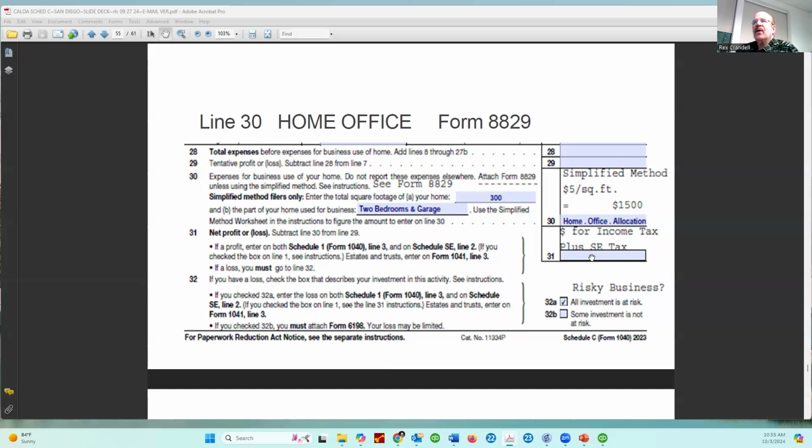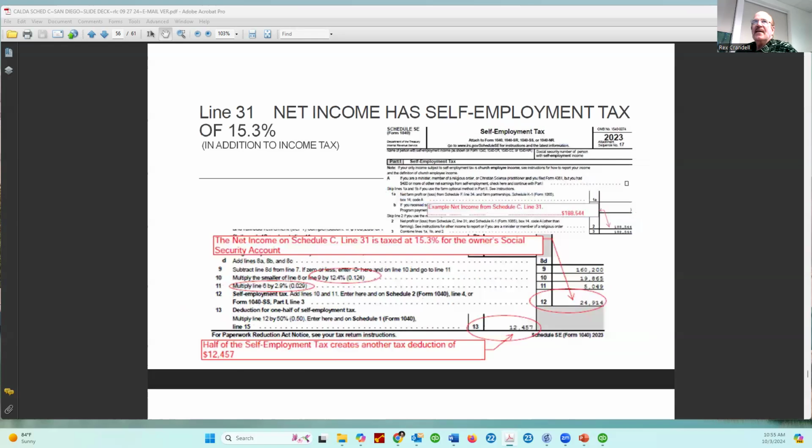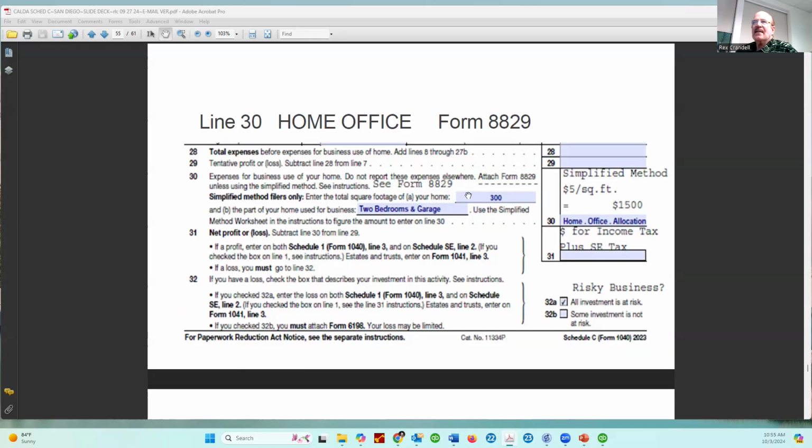And then after you write off the home office, ta-da, we get to the net profit or loss from the business. Wow, we finally got there. Now, when you get to the net income on line 31, you go two directions with that number.